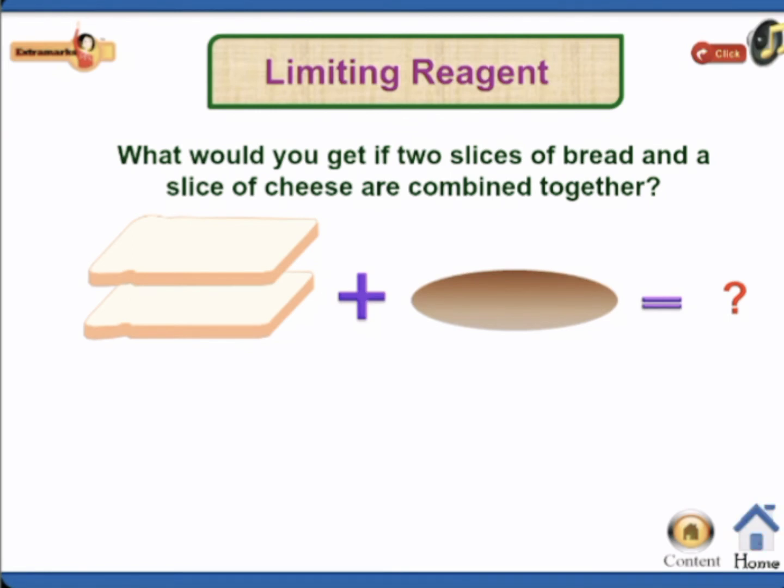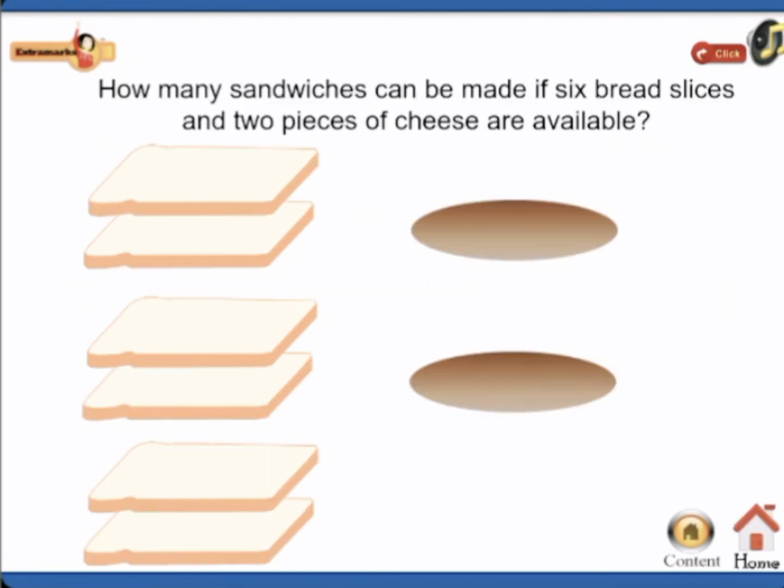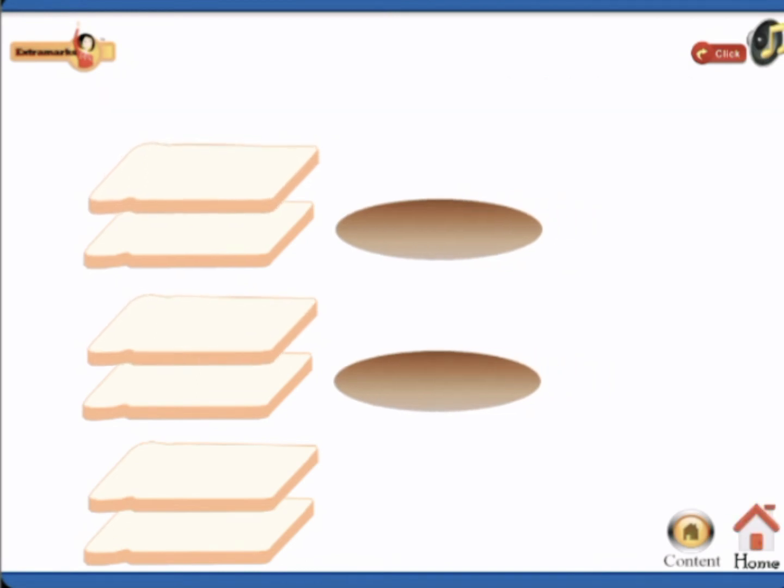What would you get if 2 slices of bread and a slice of cheese are combined together? How many sandwiches can be made if 6 bread slices and 2 pieces of cheese are available?